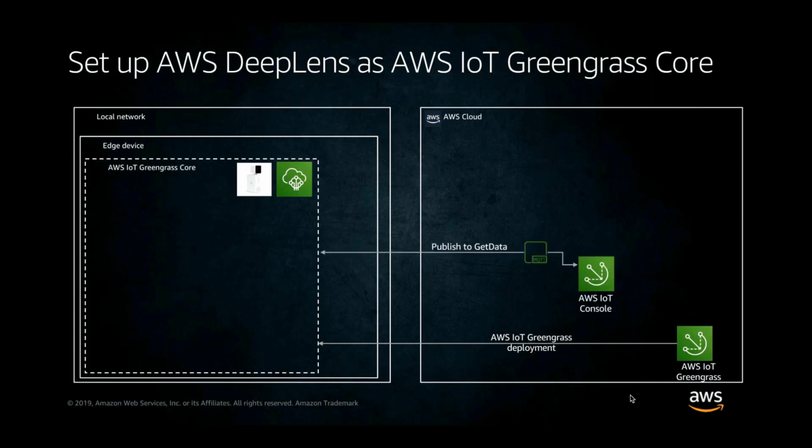We can define subscriptions and topics that allow us to communicate with the edge device. We can use protocols like MQTT, but also HTTPS. If we send a message from the AWS IoT console under the topic get data, in this case, we can connect an action to it.